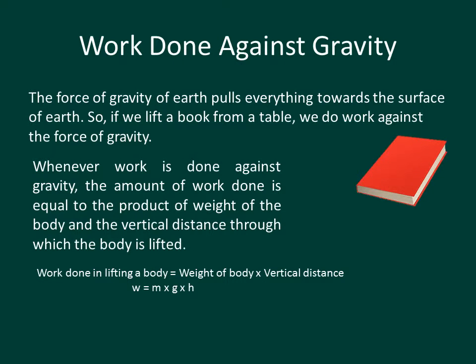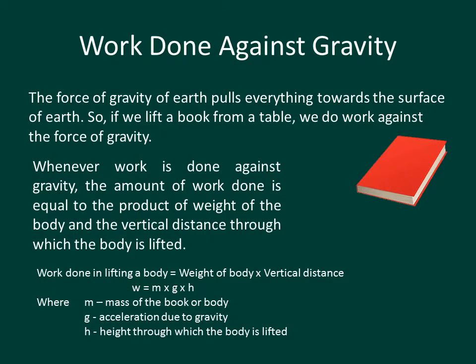That means W equals m into g into h, where m is the mass of the book or body, g is acceleration due to gravity, and h is the height through which the body is lifted.